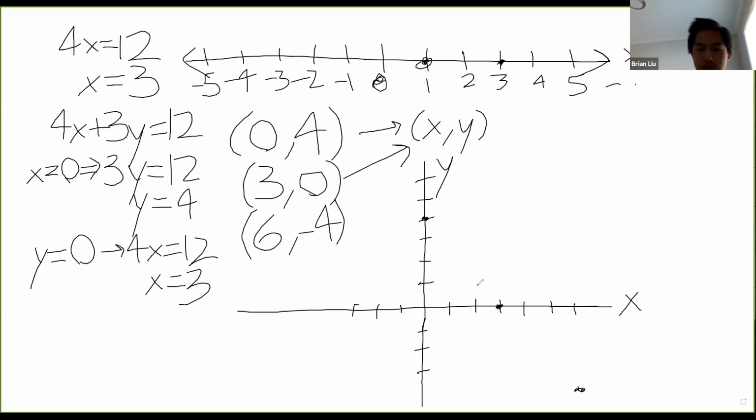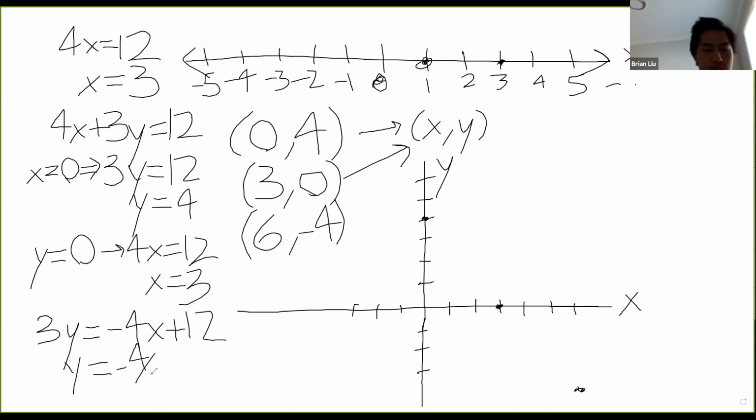So we see that all 3 points are not some random 3 points. And we can systematically go about coming up with new points that satisfy 4x plus 3y equals 12 by, say, writing y in terms of x. So we can start by moving x to the other side. So 3y equals negative 4x plus 12. And then y equals negative 4 over 3 times x plus 4.